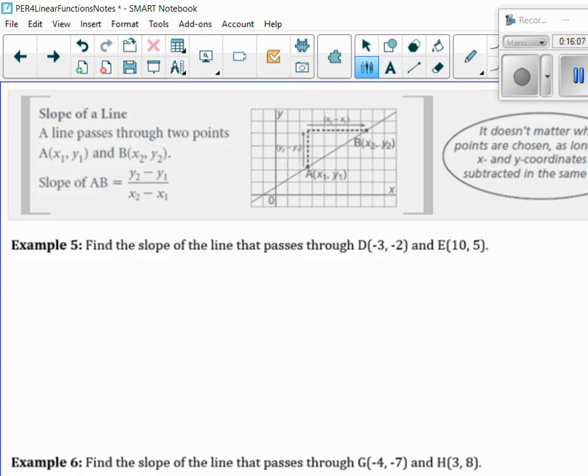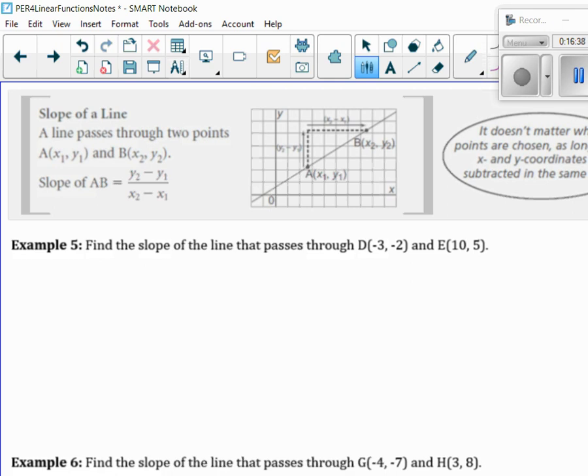When I'm counting the squares, do you see if I actually take the height here and the height here and subtract it, I get the rise? Same if I take the distance from B and A and subtract it, I'll get the run.